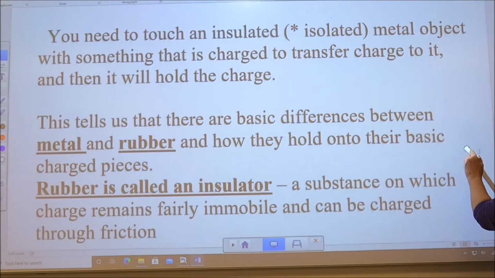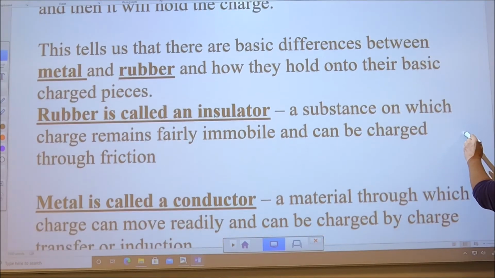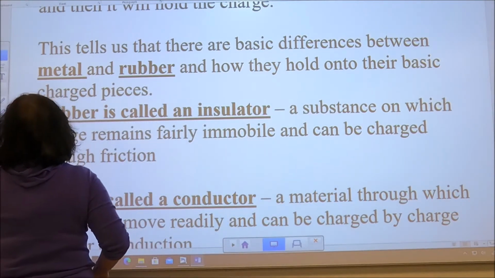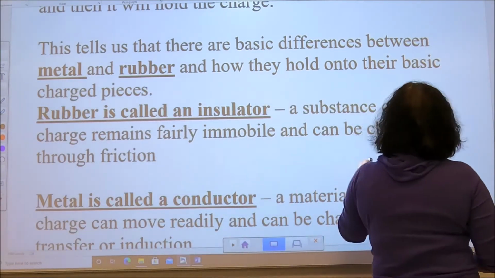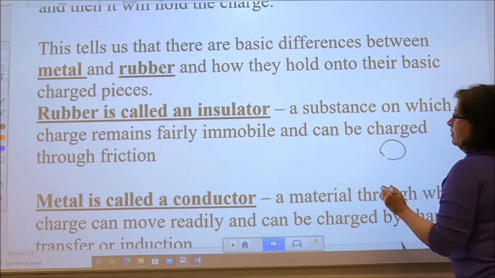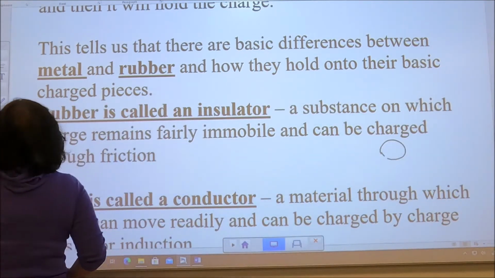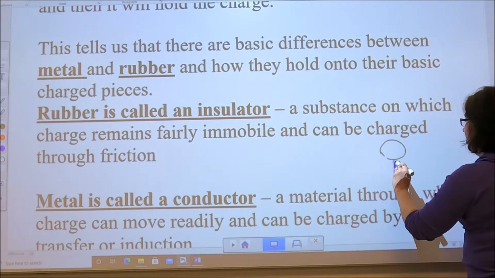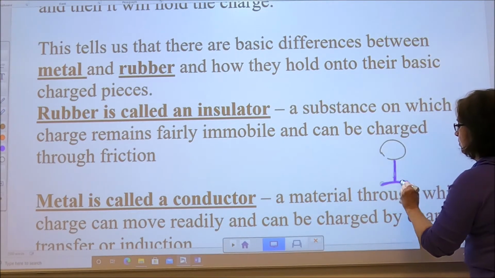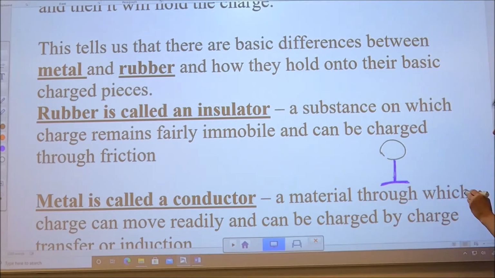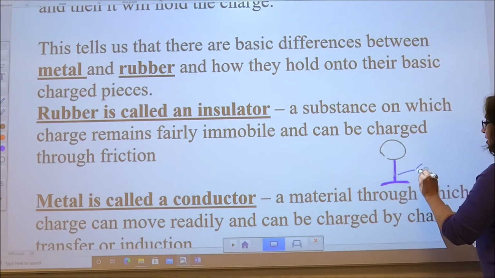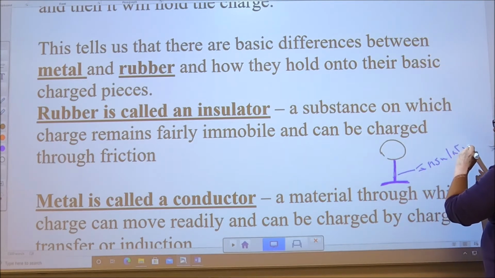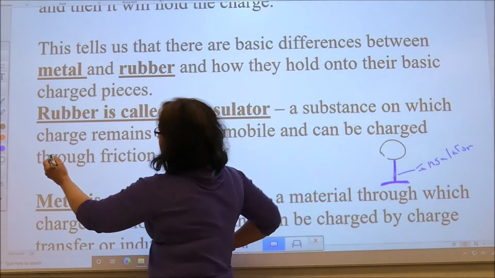If I were to take a metal sphere and place it on an insulated pole, this is an insulator, and that guy is metal.